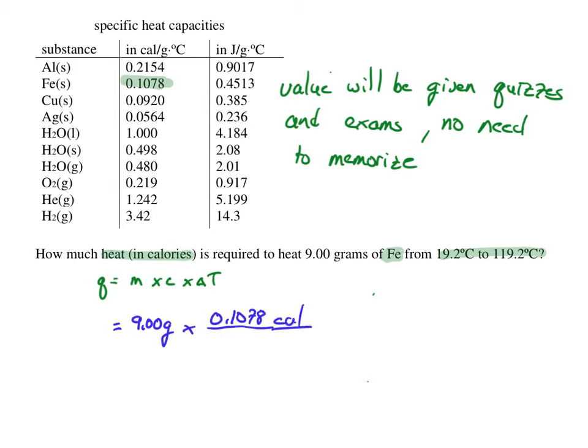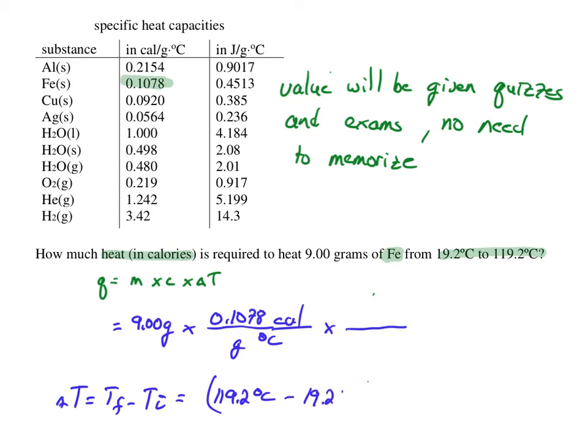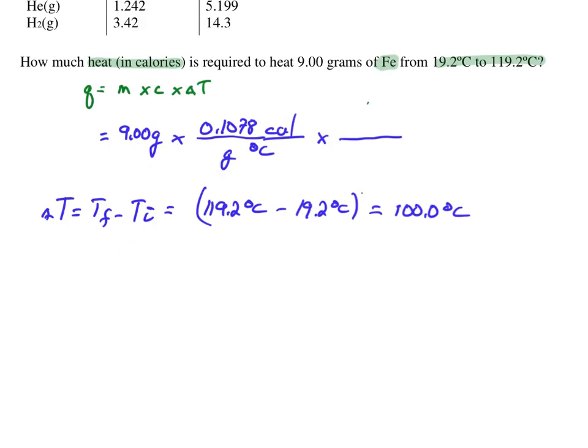Units are calories per gram degree C. And our delta T value is going to be determined by TF minus TI. So we have our final temperature is 119.2 degrees C, and from that we're going to subtract 19.2 degrees C. So our delta T is 100.0 degrees C.